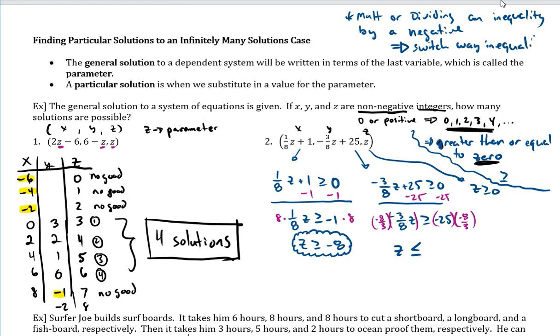So I'm just going to say switch way inequality points. And the way I'm thinking of it is kind of like an arrow. So the arrow was pointing to the right. Now it needs to be pointing to the left.